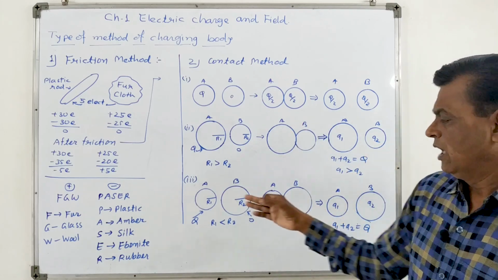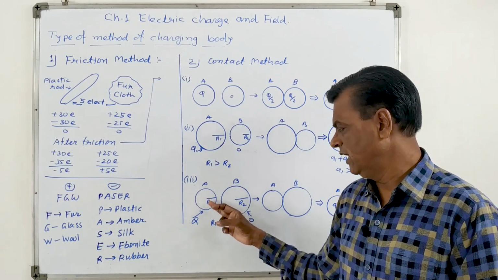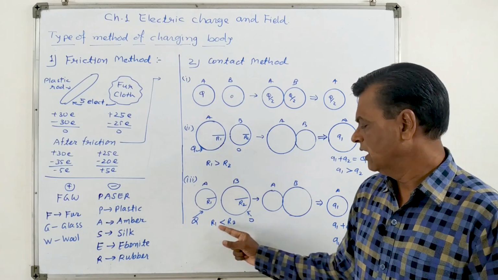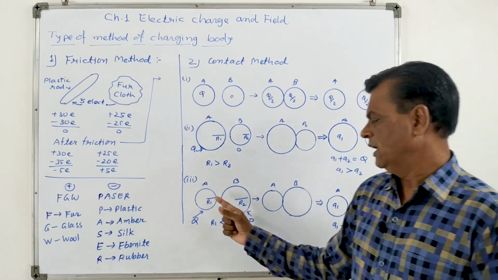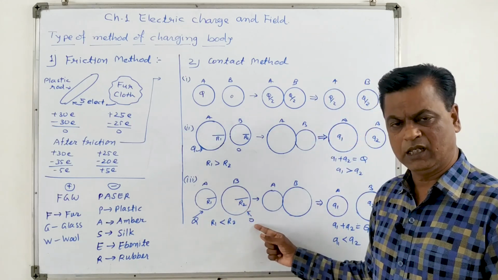Now the third case. In the third case, the radius of sphere A is smaller than that of B, meaning R1 is less than R2. Sphere A has Q amount of the charge, sphere B is electrically neutral.